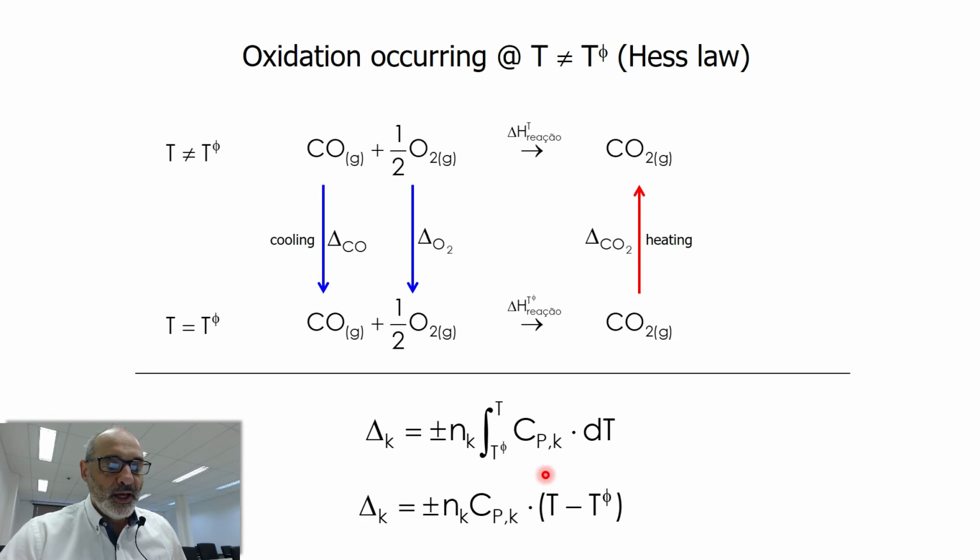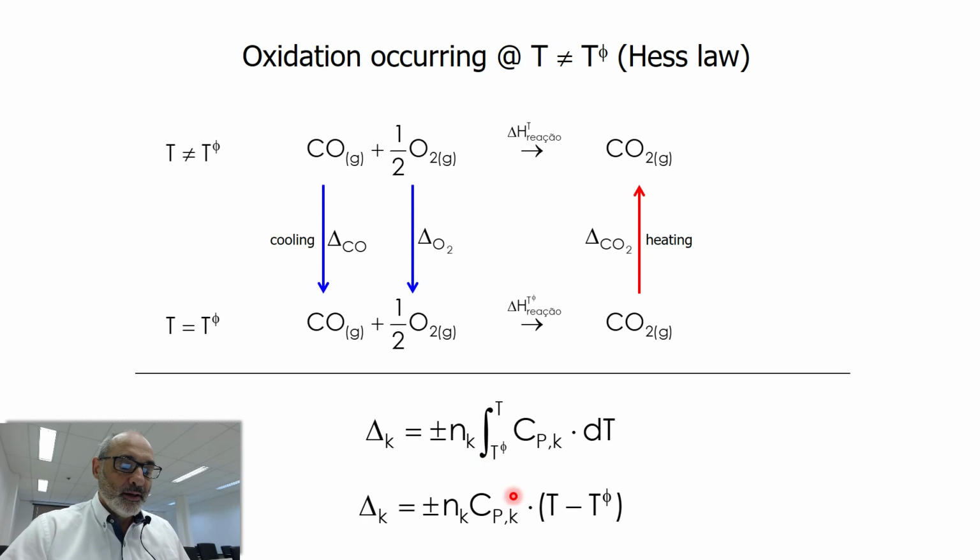We can calculate this using the specific heats of each component, and since it's a perfect gas, the specific heat is constant. We can take it out of the integral.